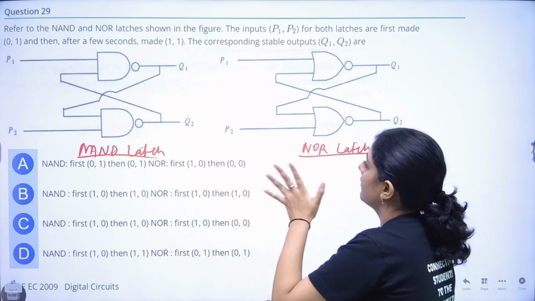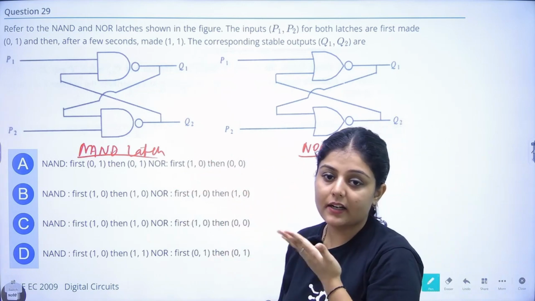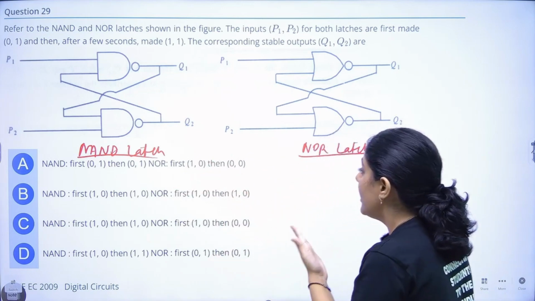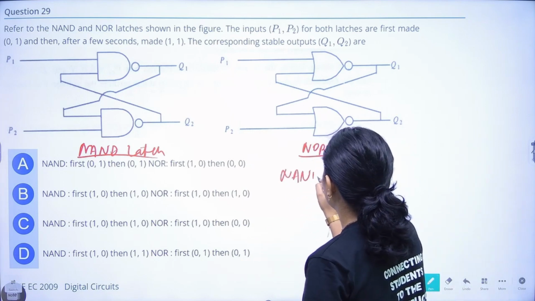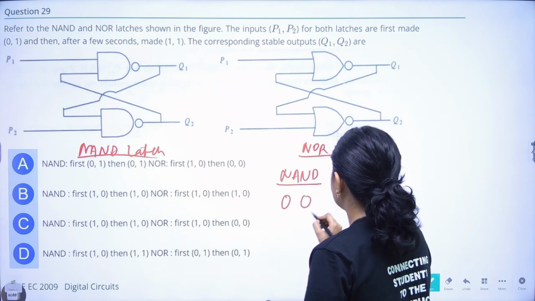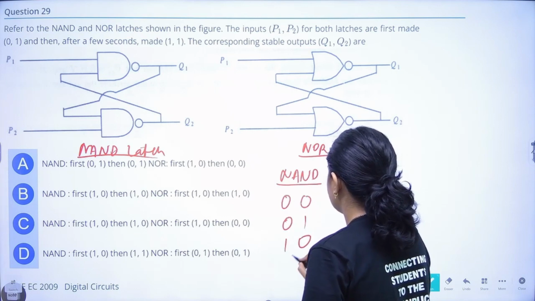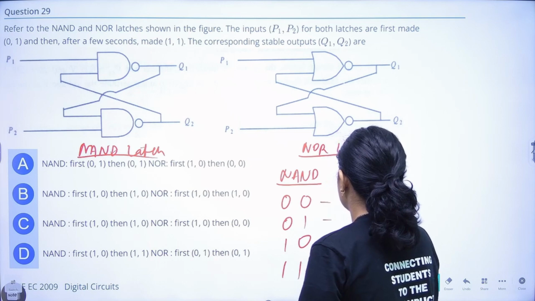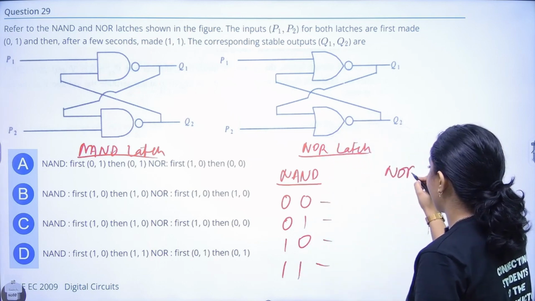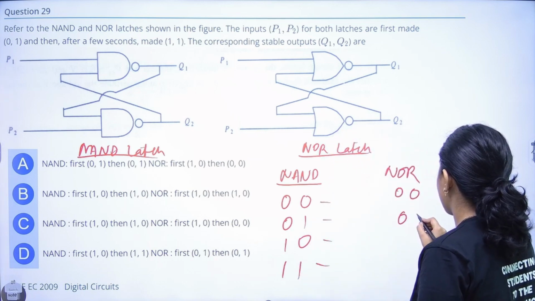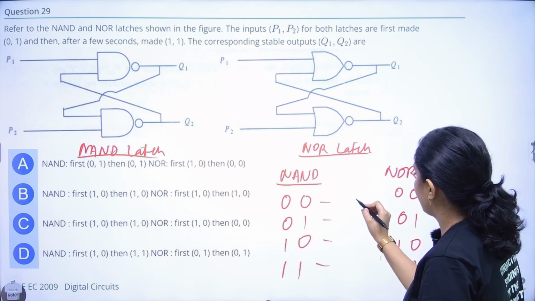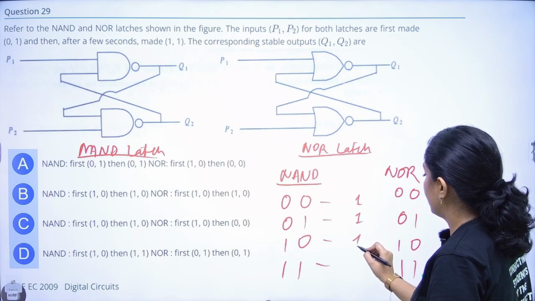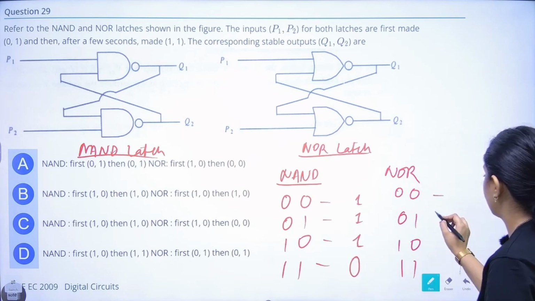Before moving on to the actual circuit given to us, let's write the truth tables for NAND and NOR both. If I write for NAND, and this is for NOR. So it is 1, 1, 1 and 0.